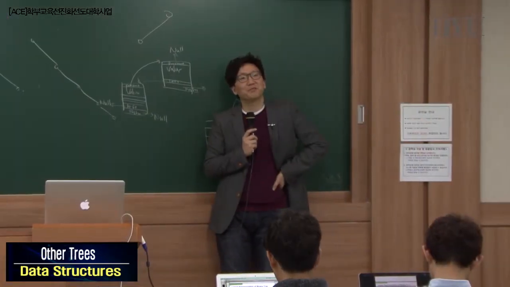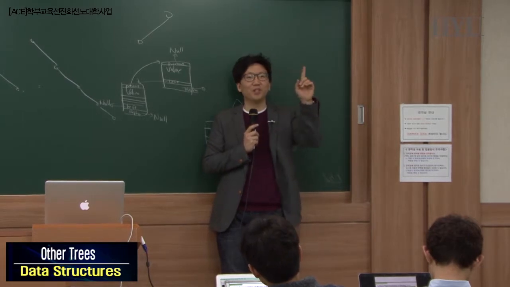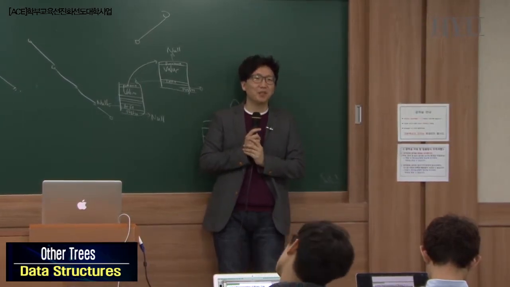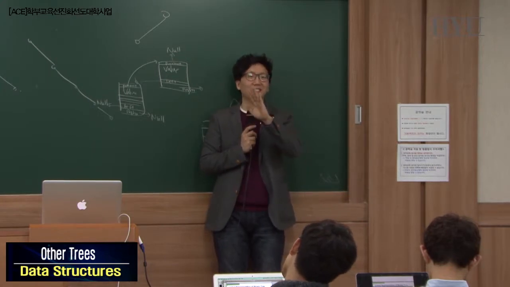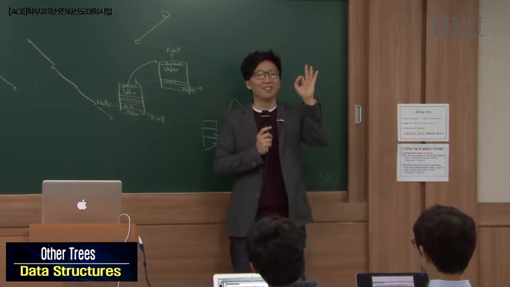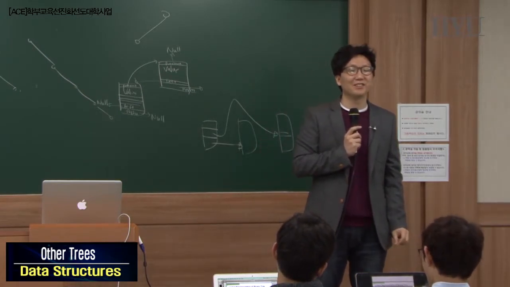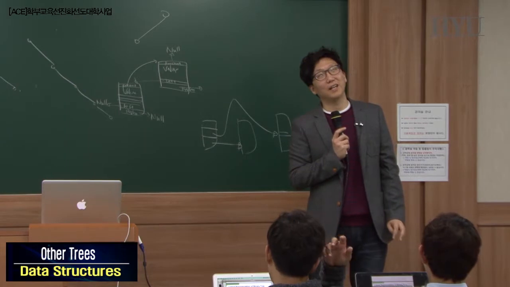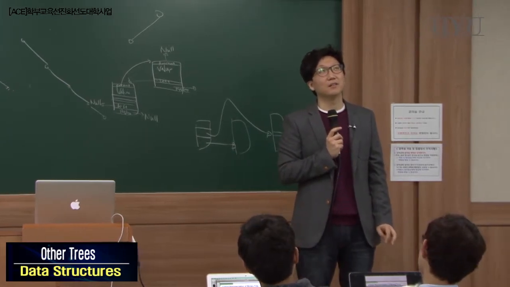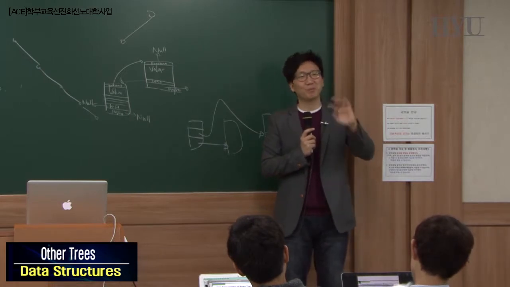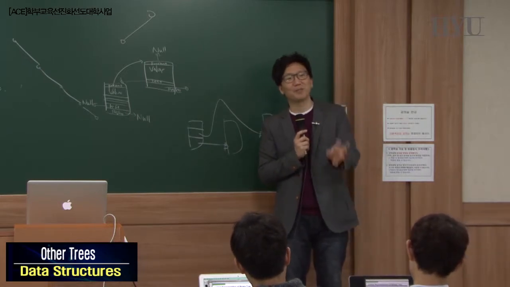Okay, when we number this full binary tree, they start from 1, 2, 3, 4. It's a bit convenient if you wanted to compute left child, right child. If you start from 0, 0 times 2 is 0. Right? 0 divided by 2 is also 0. So they wanted to remove those special cases, so they left those places empty.